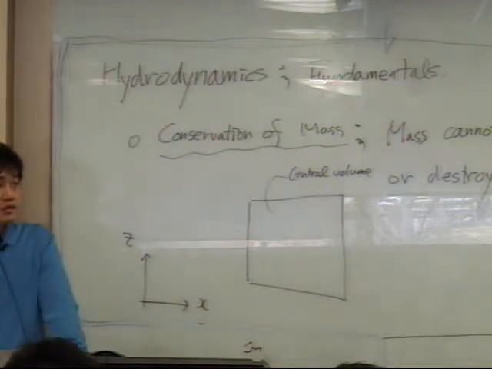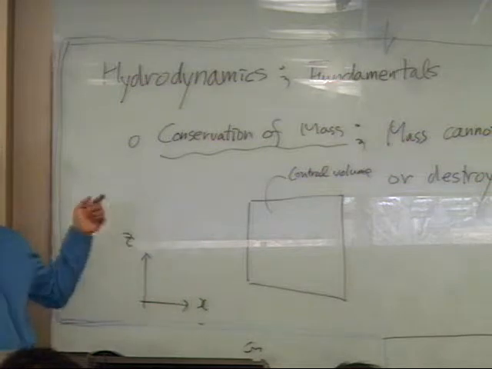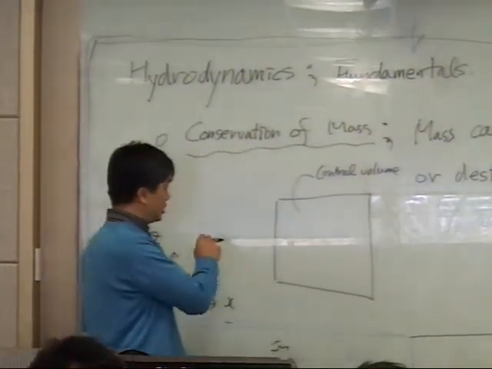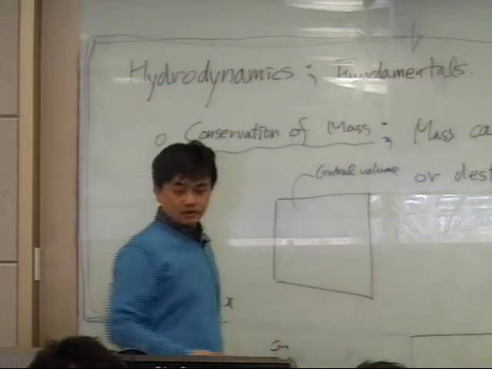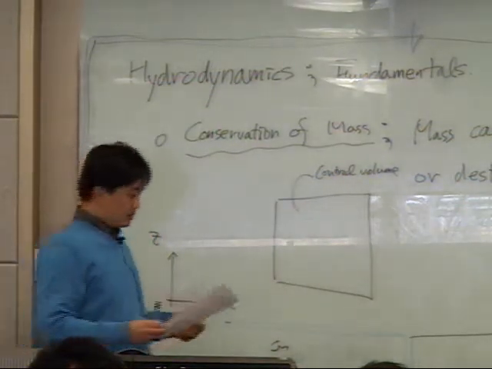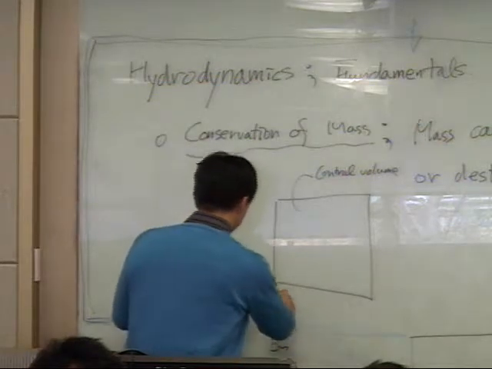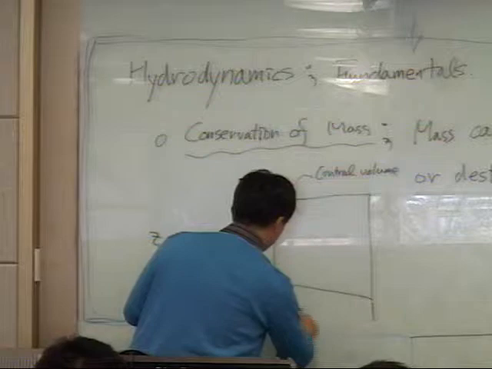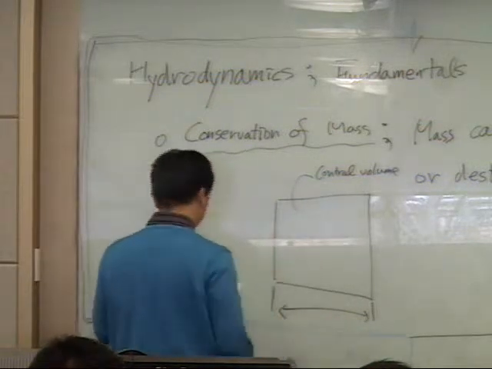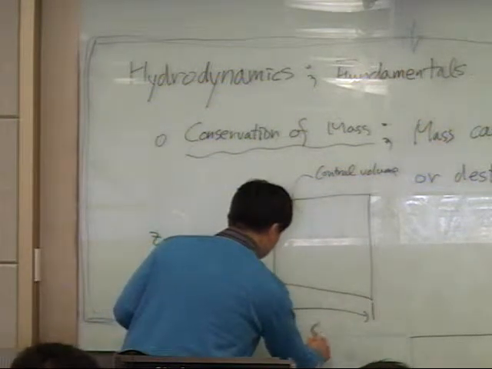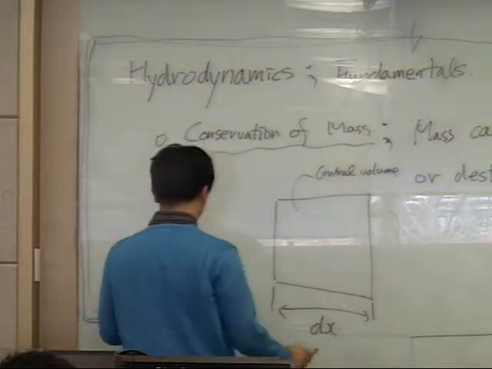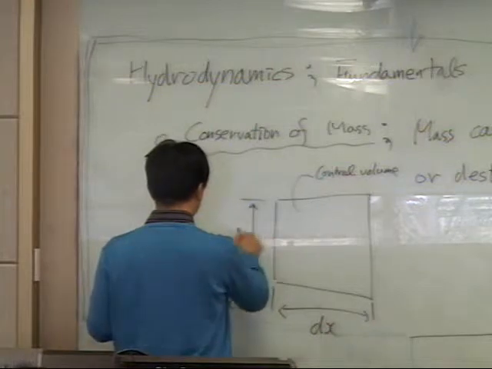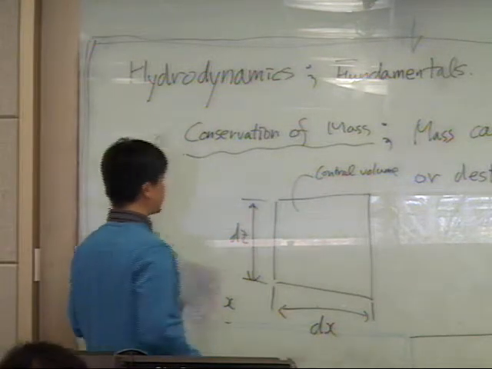Inside of this control volume, the fluid will move and get in and get out. So this is a very small volume. It's a differential volume. Size is dx and dy.